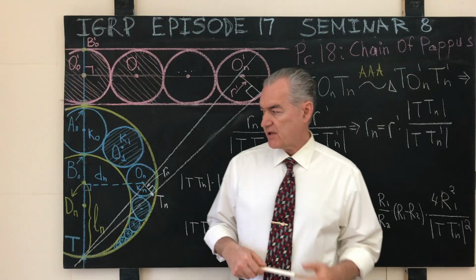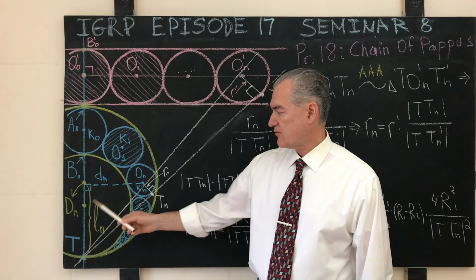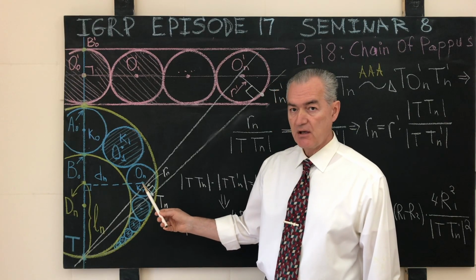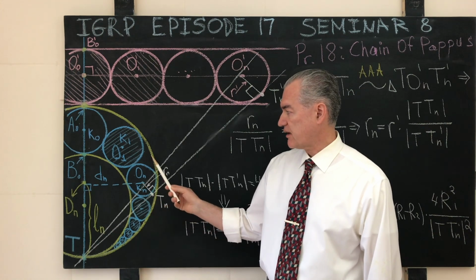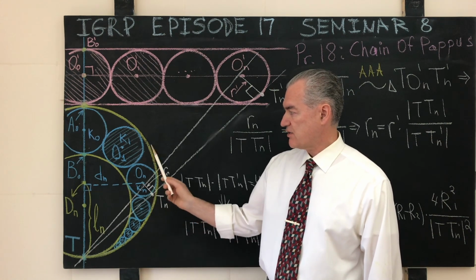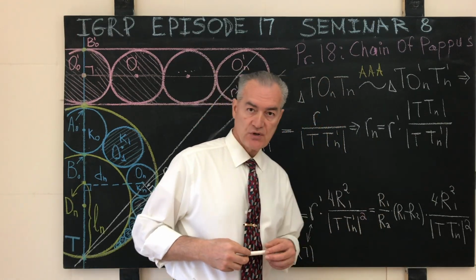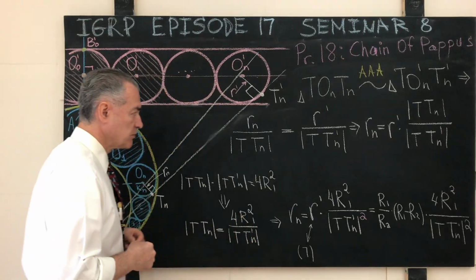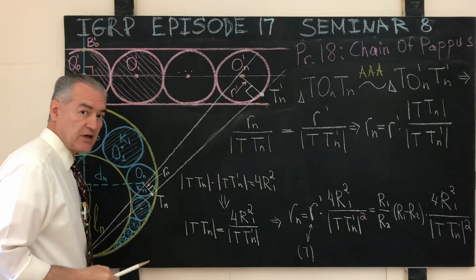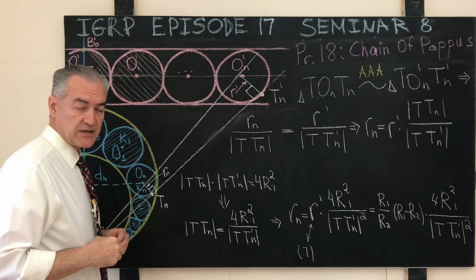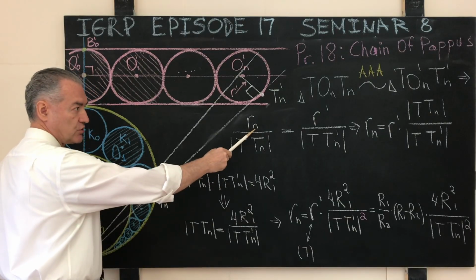And now that we have expressed the distances dn and ln as a function of the length of the radius of the nth inscribed circle and the given local material, the length of the radii of the generating circles, r1 and r2, for a short home stretch, we can complete the solution of the problem and express the radius of the nth inscribed circle as a function of the lengths of the radii r1, r2, and the ordinal position of that circle n.